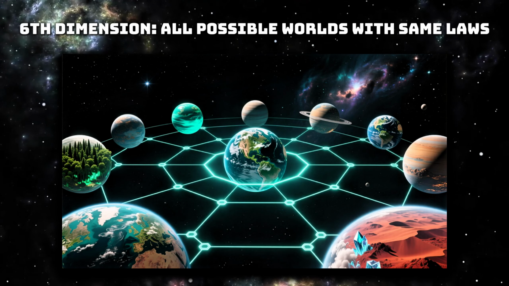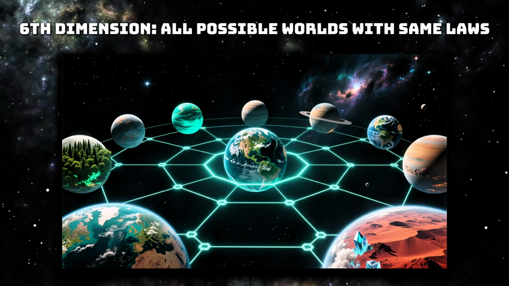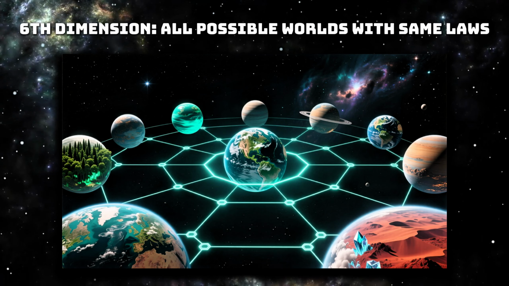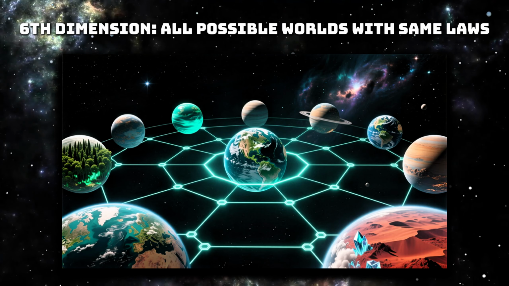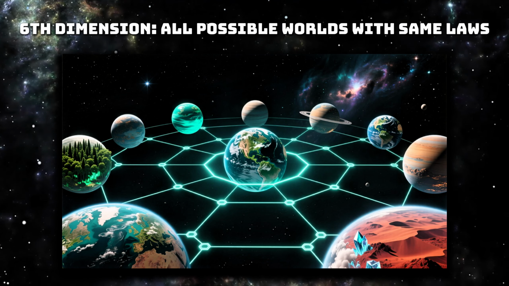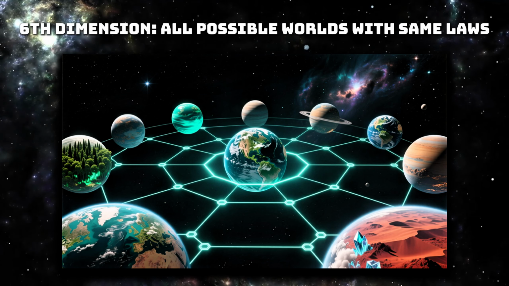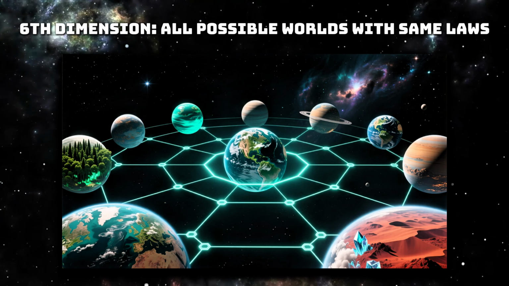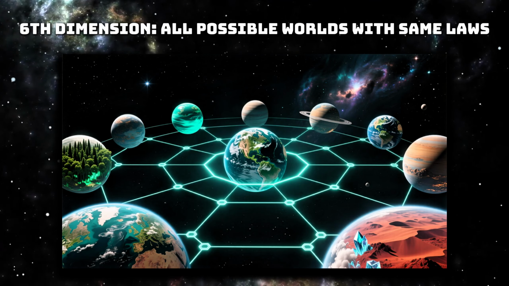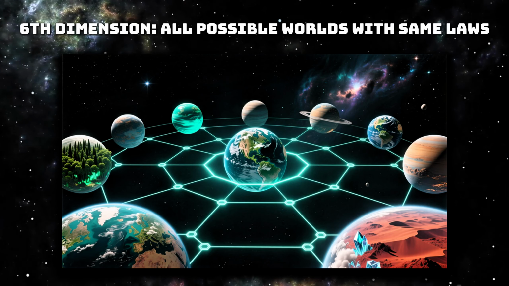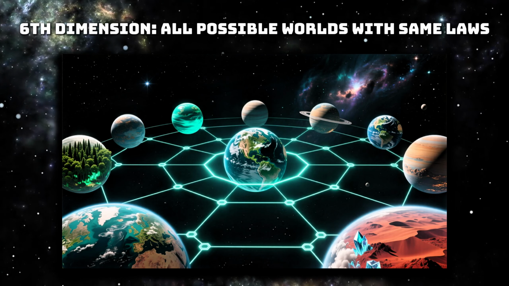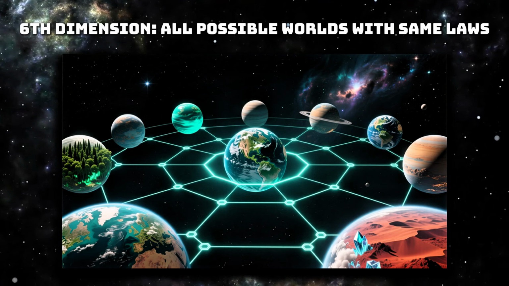Different evolutionary pathways for humans and life. In another 6D universe, humans might have evolved differently or not have evolved at all. Perhaps intelligence arose in ocean-based life instead of land mammals. A different species became the dominant civilization. The human body evolved additional senses, physical traits, or abilities. Humanity emerged earlier or later in the cosmic timeline.